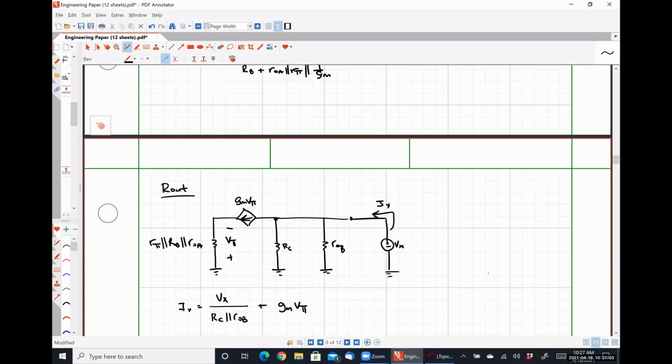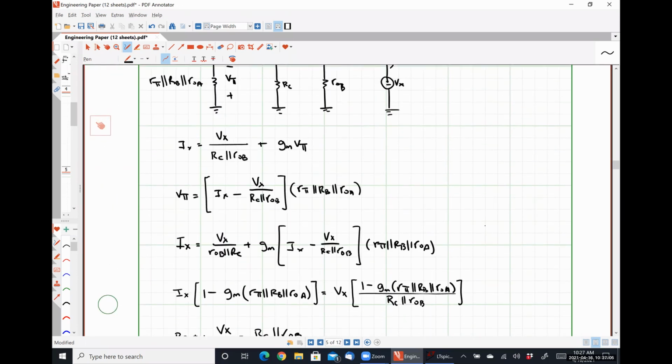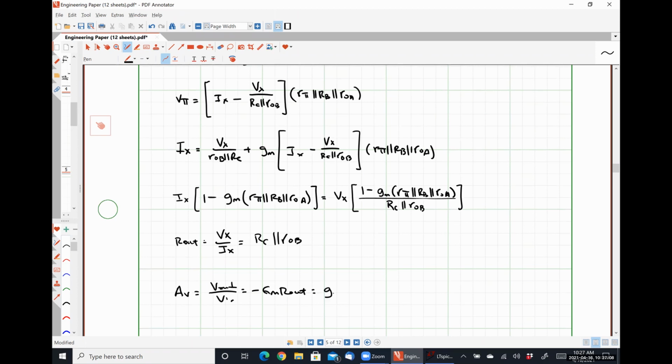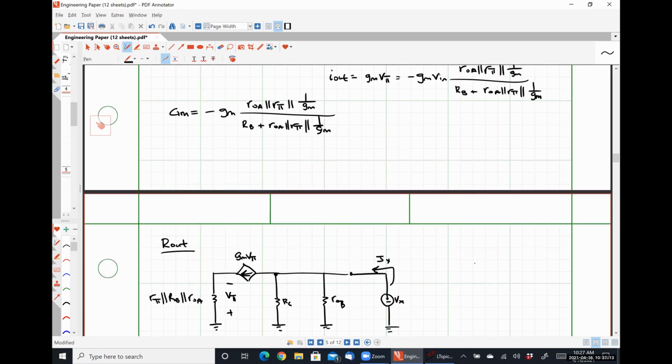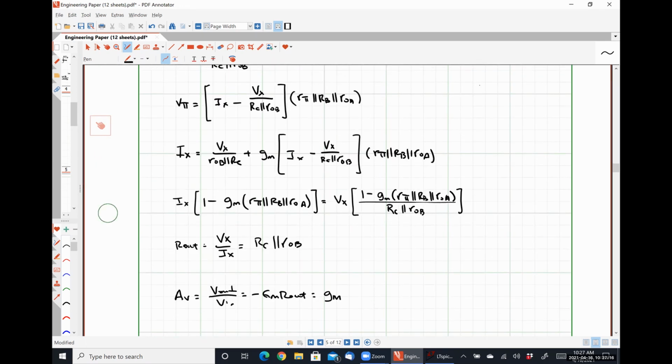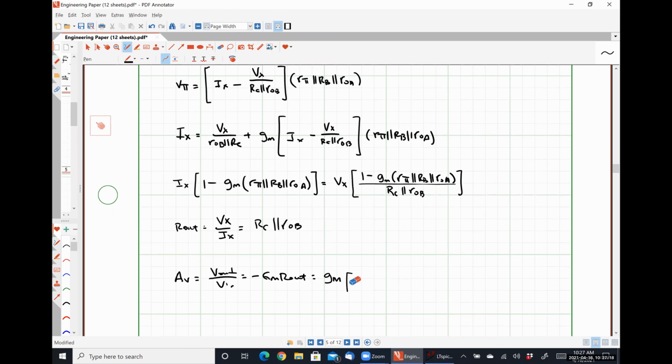Capital Gm had a negative sign, so we ditch the negative sign, and we have gm R naught A in parallel with RB in parallel with R pi divided by RB plus R naught A in parallel with RB in parallel with R pi.